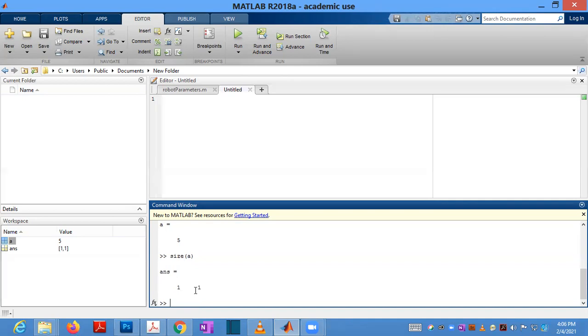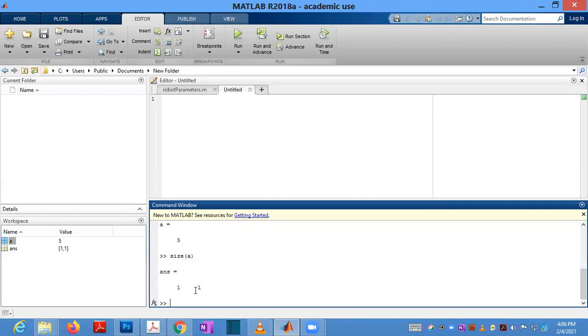The variable name is a and the value is 5. In the command window you get an immediate answer. If you exit MATLAB, whatever is in the workspace will be gone, and whatever you entered in the command window will vanish. When you open MATLAB later, it won't be saved.